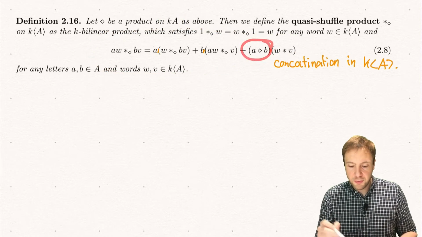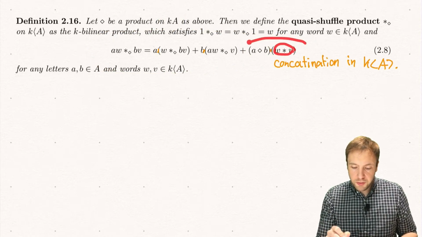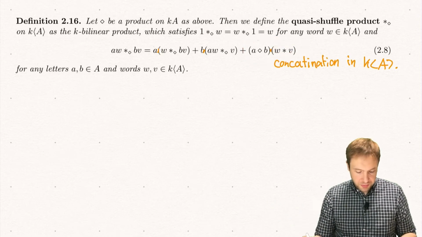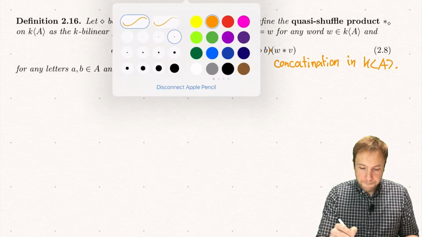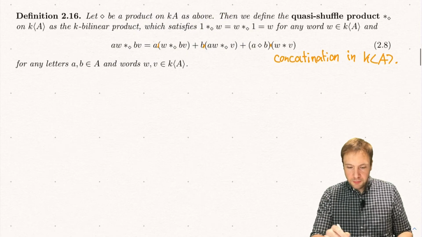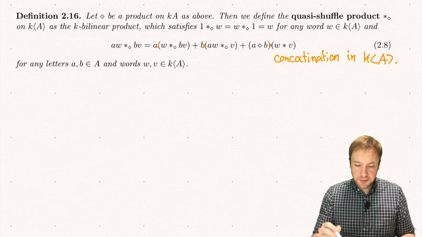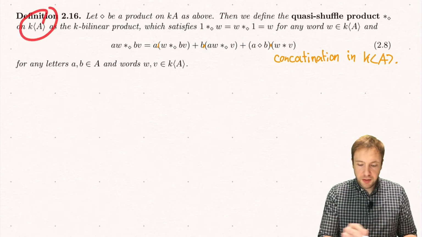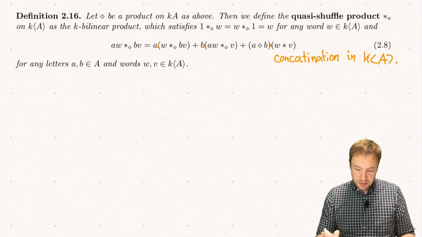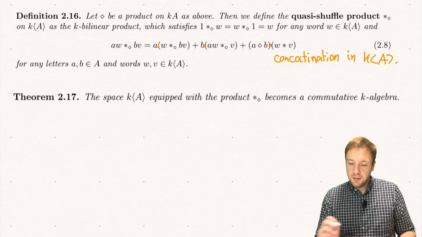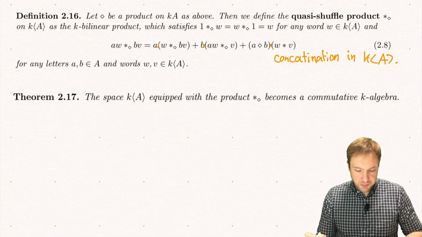So this gives a linear combination of letters, and this is a word. So we can just attach the word in front. And then the statement is that this space equipped with this product becomes a commutative K algebra.